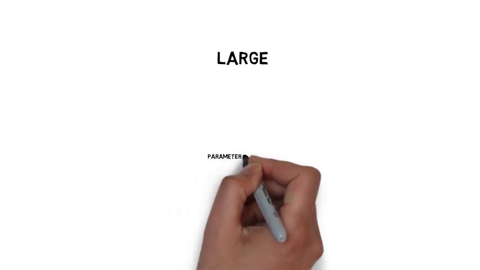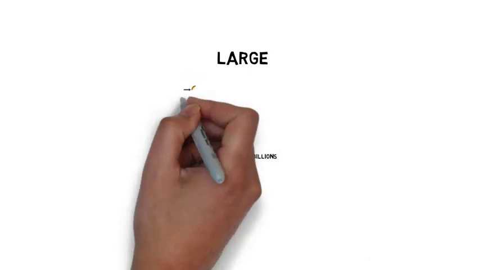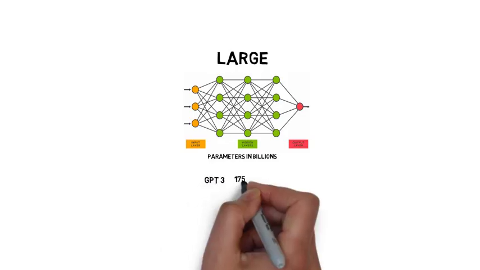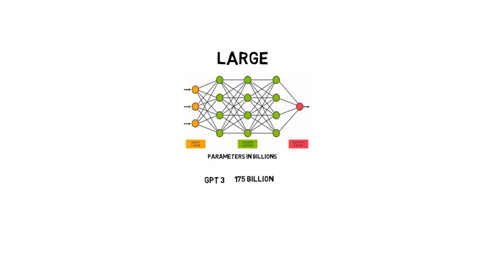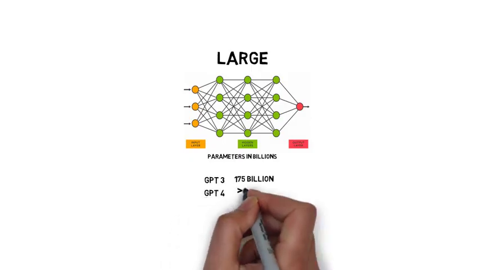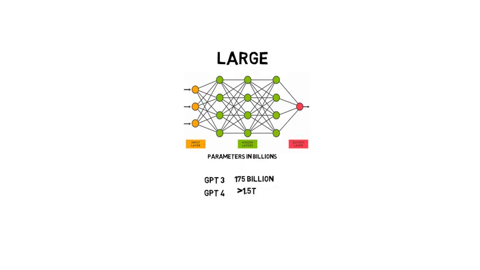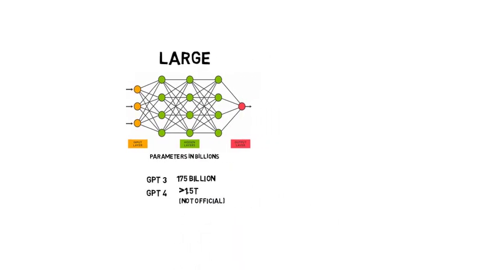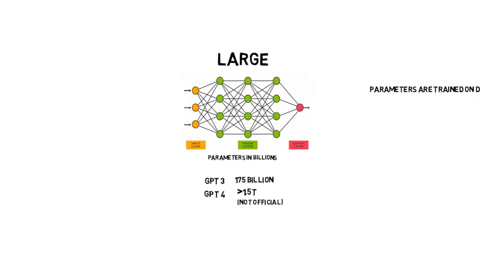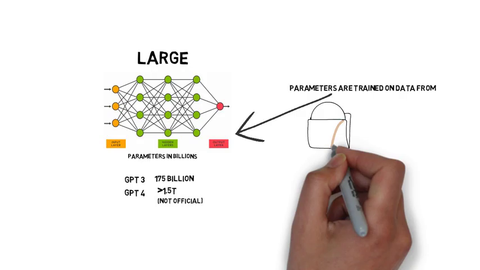It's called large because these models have a large number of parameters. How large, you say? Well, an LLM like GPT-3 is trained on 175 billion parameters. GPT-4, although not officially declared by OpenAI, is rumored to have 1.5 trillion plus parameters. These parameters are trained on large amounts of data.